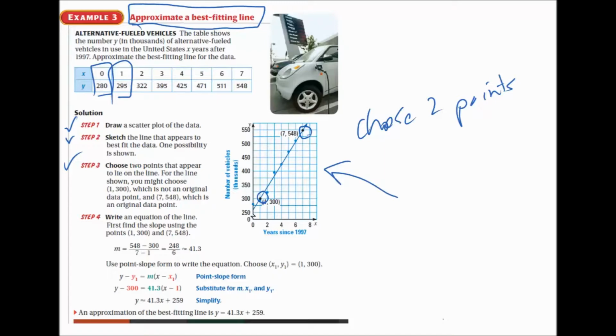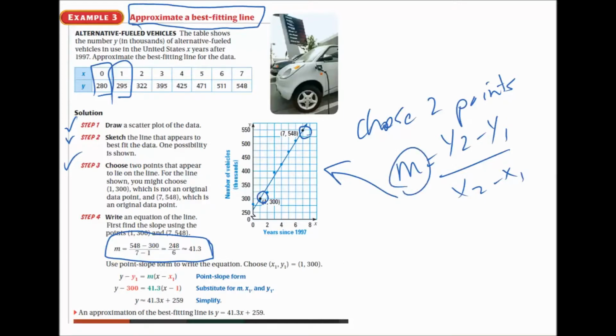Once you choose those 2 points, you can find the slope through that equation we talked about, y2 minus y1 over x2 minus x1, which they did here, to get 41.3, which is the slope of this line. Then, once they have the slope, of course we learned before, if you have 2 points, you first find the slope to get m. Then you use point slope form to write the equation.